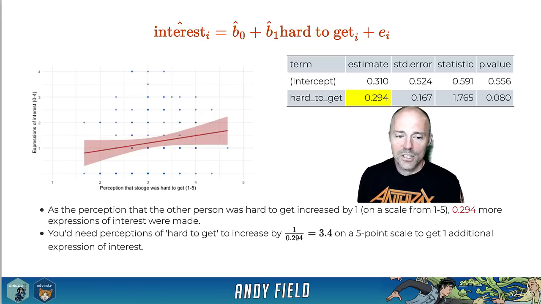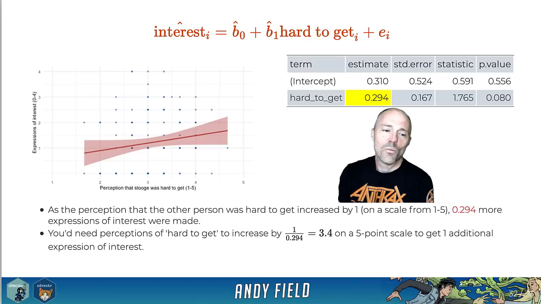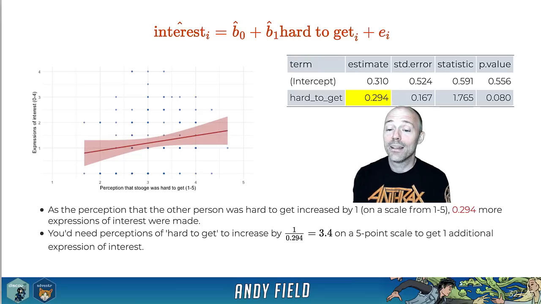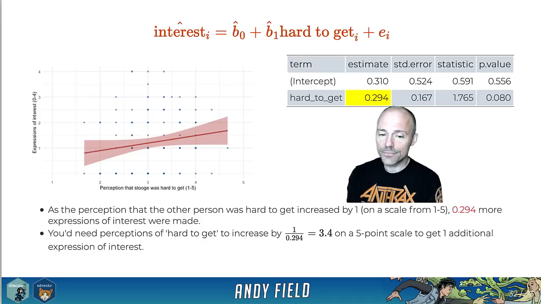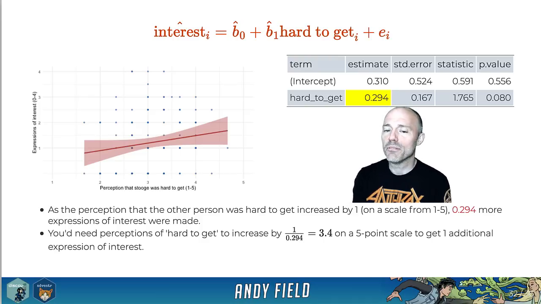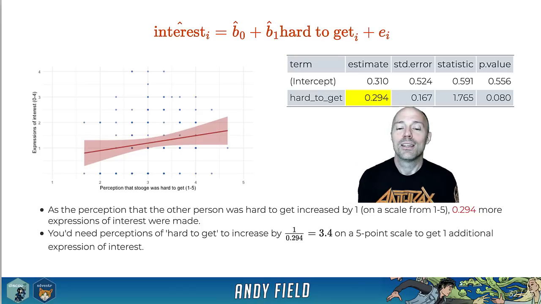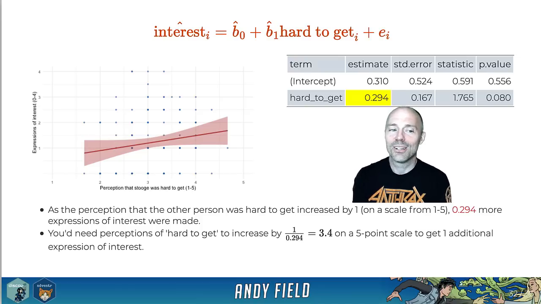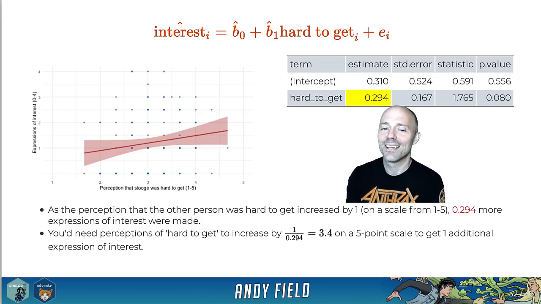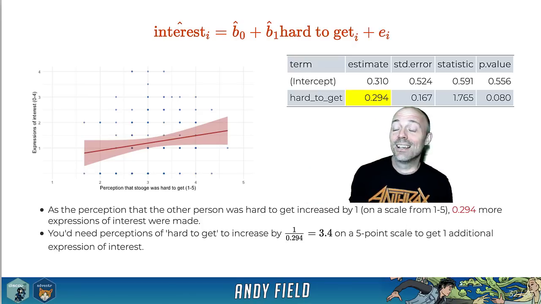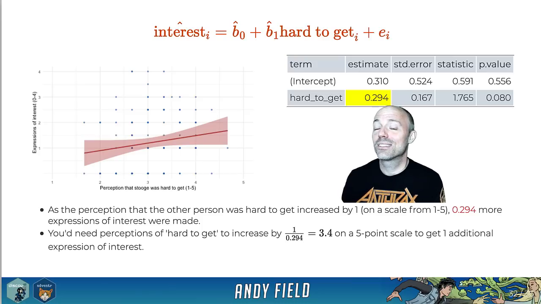What we could ask, though, we could sort of switch this around a bit and say, well, how much would you need perceptions of hard to get to increase by to get 1 additional expression of interest? And basically it's 3.4. So to get 1 more expression of interest in that final message, you would need someone's perception of hard to getness to increase 3.4 on a 5-point scale. So it has to increase more than half the length of the scale.